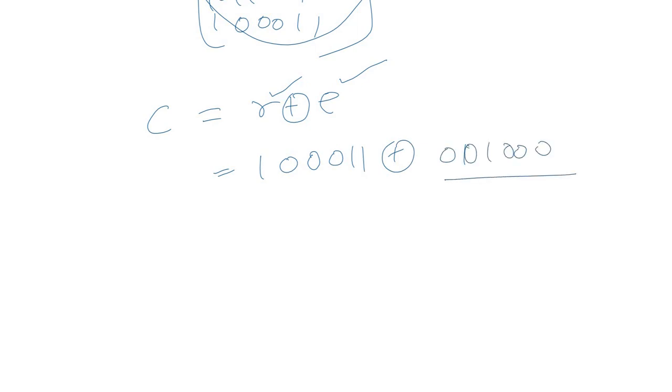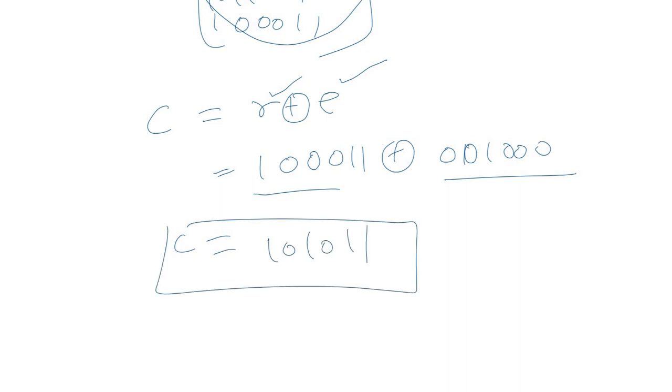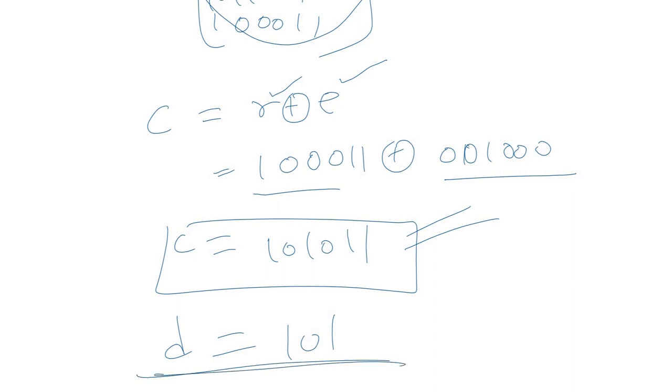E we have derived just now. So the generated code word will be 1 0 1 0 1 1. So this is the generated code word. Now once you have the generated code word, you can easily find out the value of data word, which will be 1 0 1. That we have already done in the example in the previous video lecture.